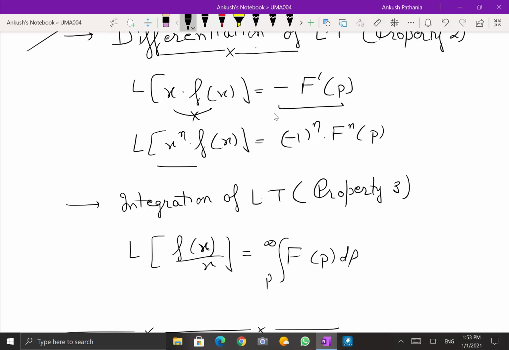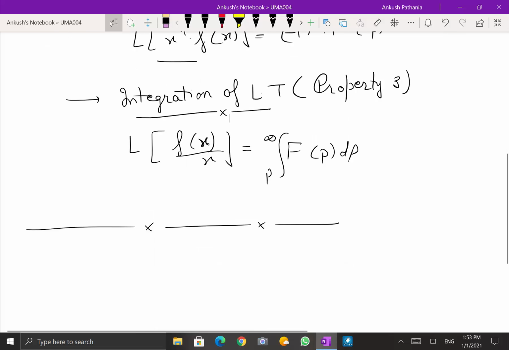And finally, we did the integration of Laplace transform, property number 3, where f(x) is divided by x. In that case, the Laplace transform equals the integral from p to infinity of F(p) dp, and F(p) again is the Laplace transform of f(x).